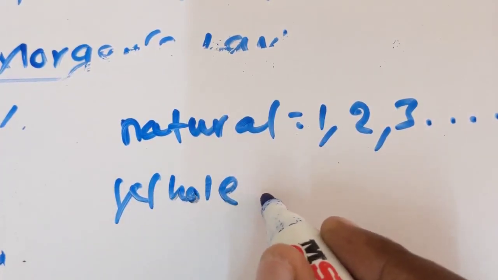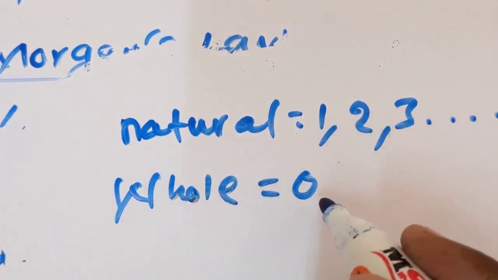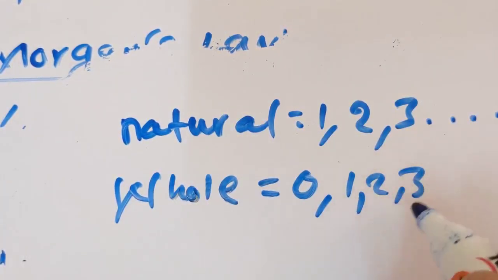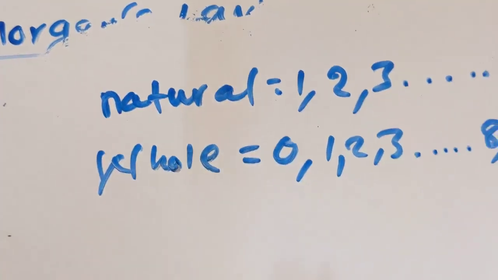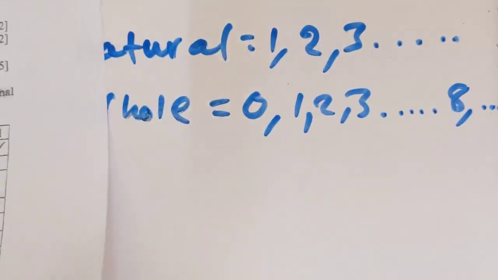They are counting numbers including 0, meaning that they start from 0, 1, 2, 3, 4, 5, 6, 7, 8, like that. I've put 8 because I've seen 8.